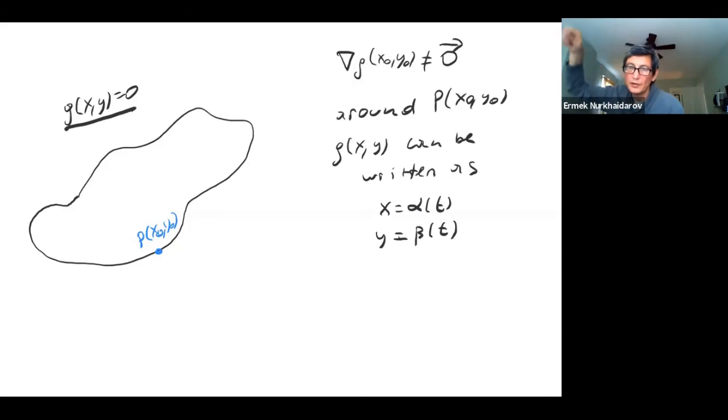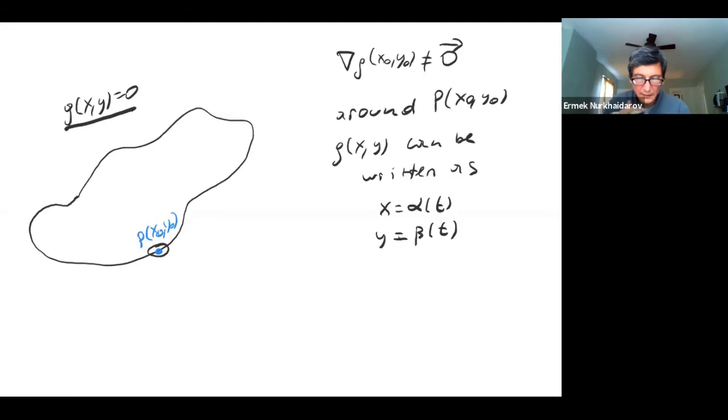Maybe not on the whole interval, but in some neighborhood around here, we can write it as a parametric function. Because the gradient is not equal to 0, you can find your linear approximation, cubic approximation, anything, so eventually you can approximate the function. Okay, that's the deal.